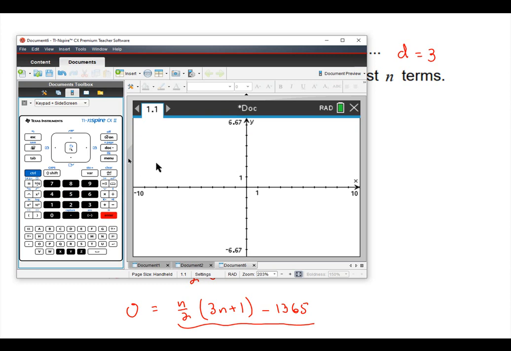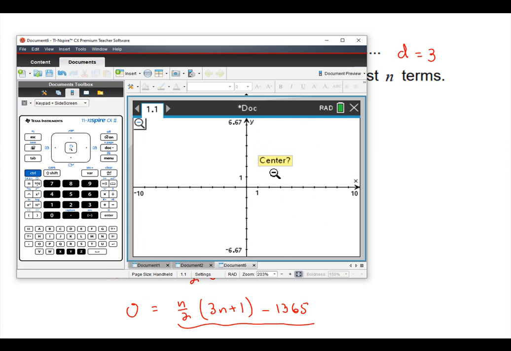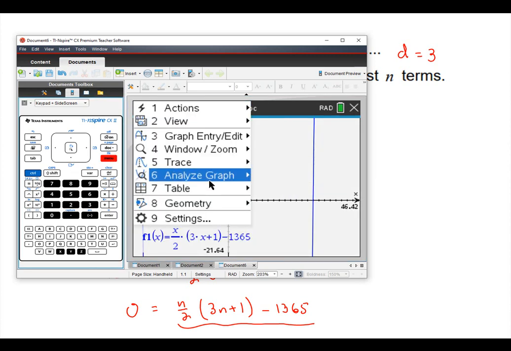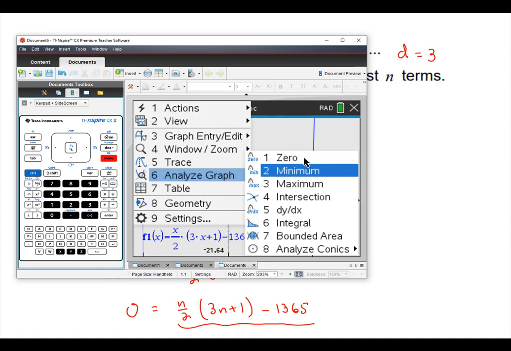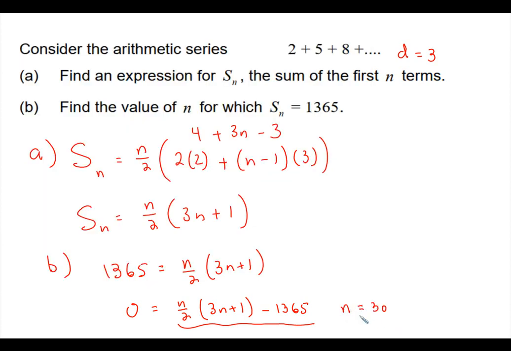So we graph this, and then typically you're going to have to zoom out maybe a few times just to find the x-intercept. So here's our x-intercept, okay? So we need to find this x-intercept, the 0, so we end up with 30, right? So we know over here n is going to equal 30. Now I know n can't be negative, right? So that's why I kind of ignored the other x-intercept in our graph.